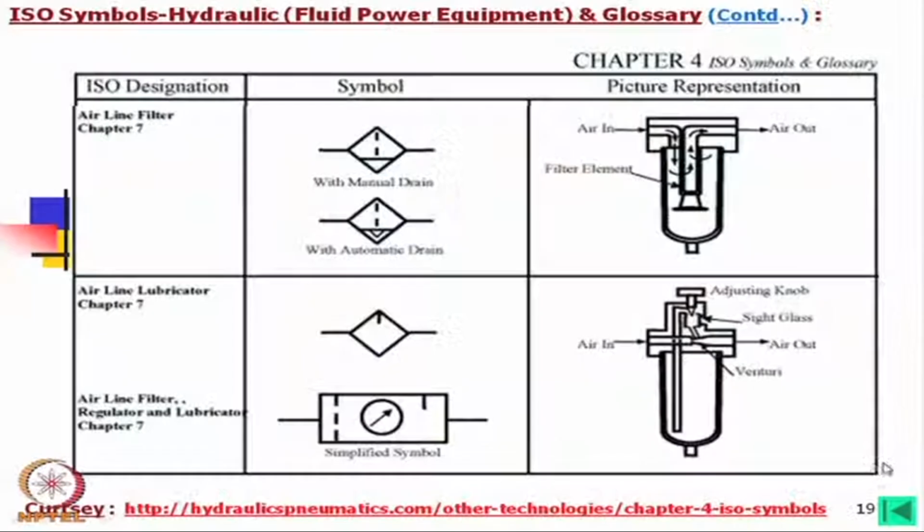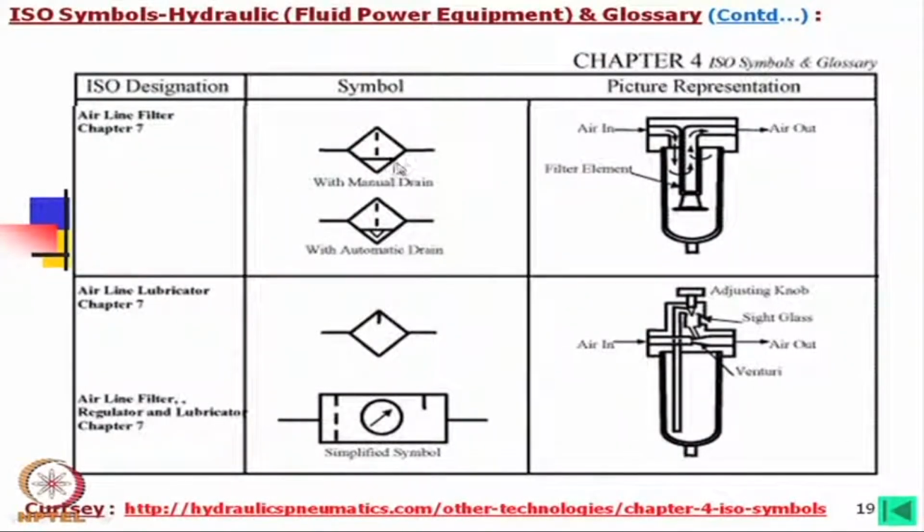However, these symbols are standardized, and looking at a component one can easily understand what it is and how it is being operated, etc. But I would like to say, in industry such symbols are followed which may not be strictly ISO standards, but still are in a usable form.